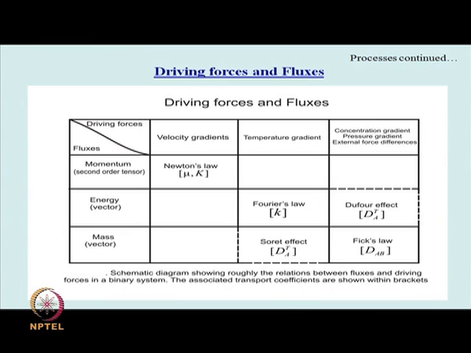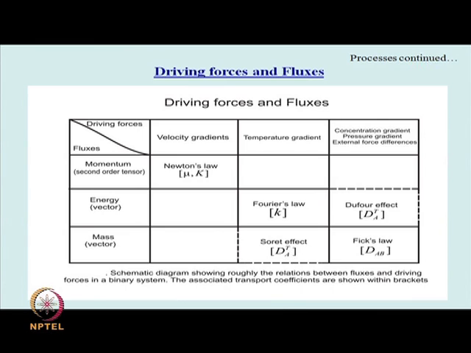Now, this table is quite interesting to look at. When we were discussing macro processes, we all know that velocity gradient is the root cause of momentum transfer, and the relation which connects momentum transport with the velocity gradient, that is the fluxes and the driving forces, is Newton's law.